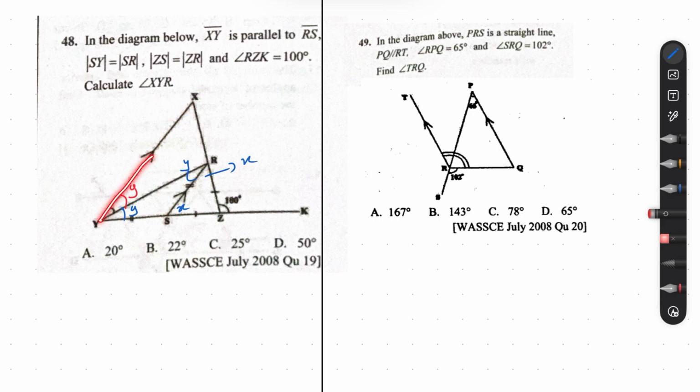These are parallel lines, so they can form corresponding angles. So this angle together is the same as this angle x here. So what that means is that x is equal to y plus y, which is 2y.